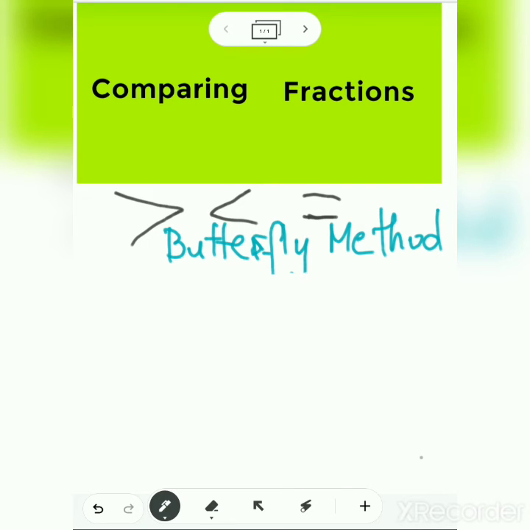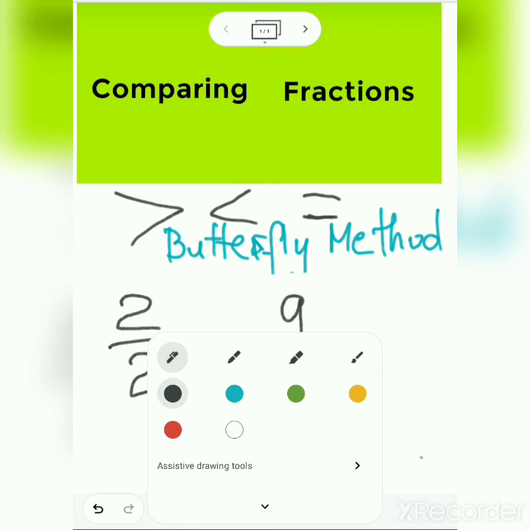So our final pair of fractions is 2/2 and 9/9. We want to compare these two fractions to see if one is greater, is it less, or if they are equal.